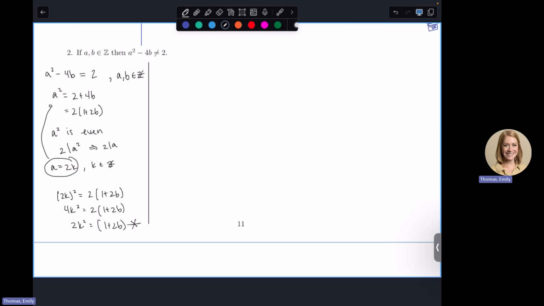So let's write a proof. Much better than checking all possible integers. Correct. Suppose not. Suppose instead that a squared minus 4b does equal 2. Then a squared equals 2 plus 4b, which is 2 times 1 plus 2b.